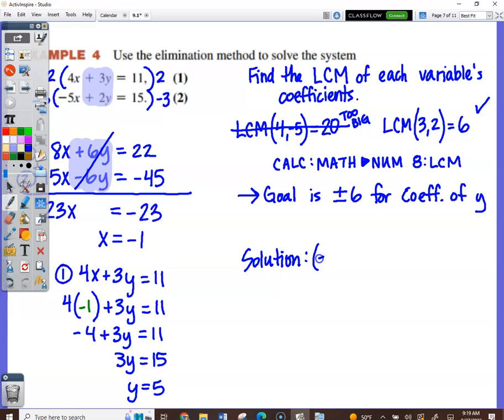So the solution was negative 1, 5, which means this is a consistent system with independent lines.